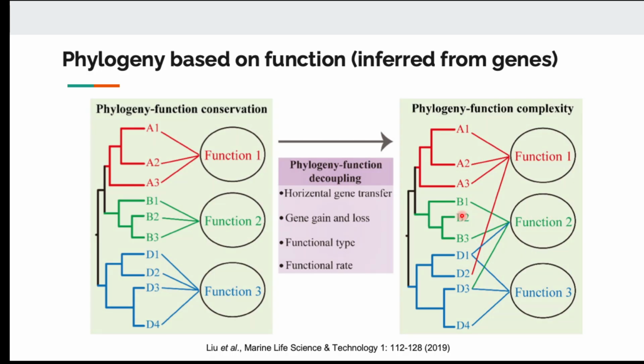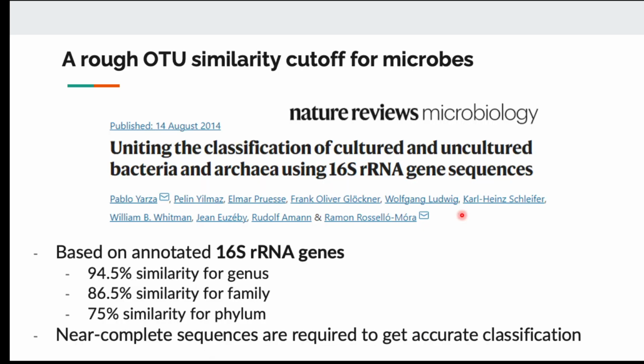So several people tried to come up with a guideline, like how similar are the bacteria? Should we call them from the same genus? How similar must they be in order to call them from the same family? So in the case of a single gene, like 16S ribosomal RNA, we have a rough guideline.